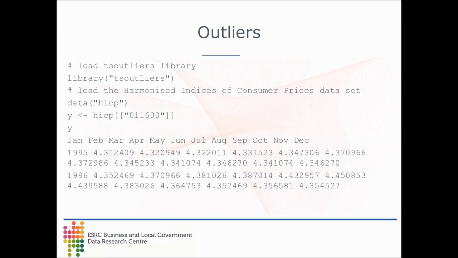Now, tsoutliers is not part of the standard package, but it is available within CRAN, so it's pretty easy to download and install. With that there is a data set to be used, and we'll be using that data within this webinar.